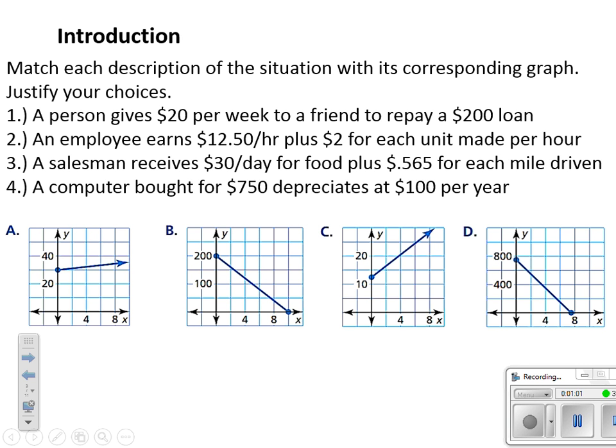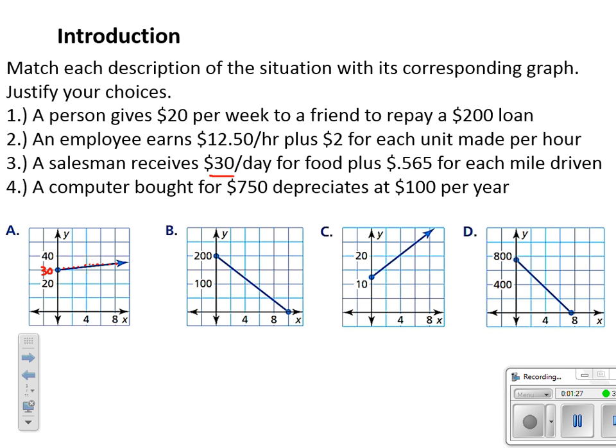All right, as we look at the first graph, I notice that I'm starting off at a height of 30 and then slowly increasing. So where do I see a 30 value and then something tacked on to that? $30 a day for food and then 56.5 cents for each mile driven.